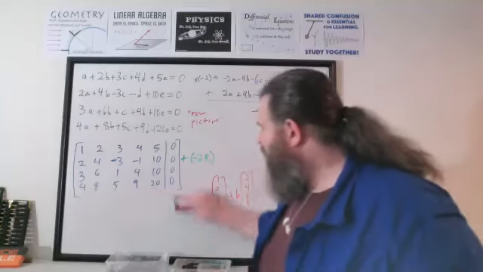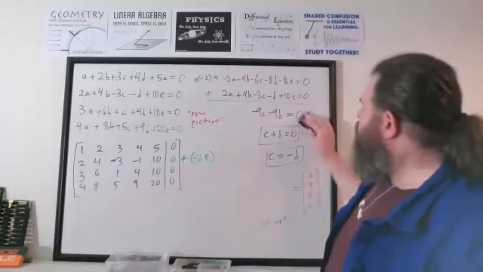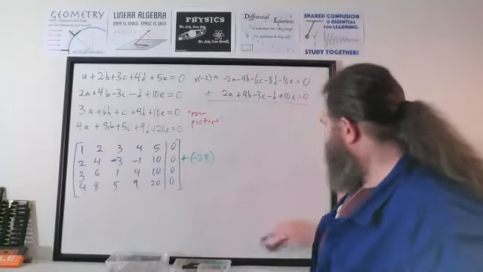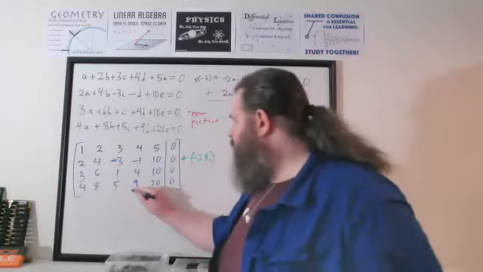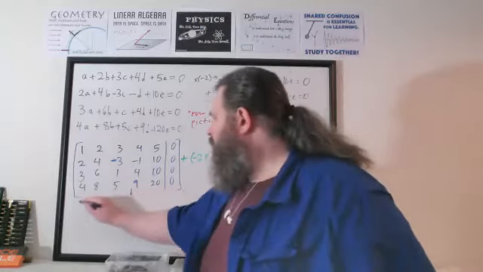So let's see what that's going to look like. First row, we're keeping exactly the same, so I'm just going to copy that down exactly as is. But the second row, we're modifying by adding -2 times the first row.